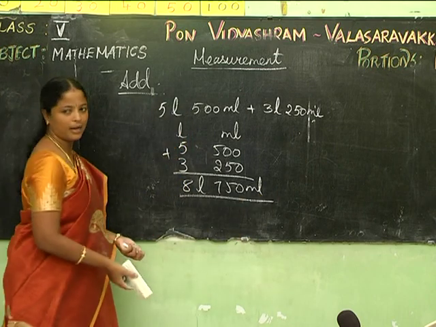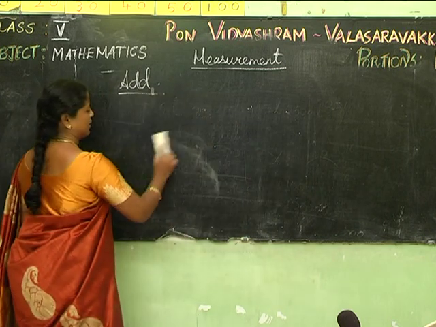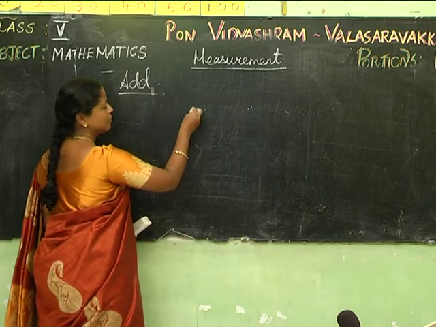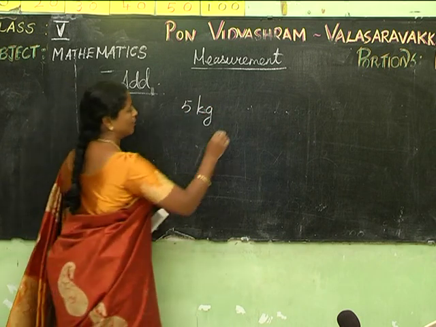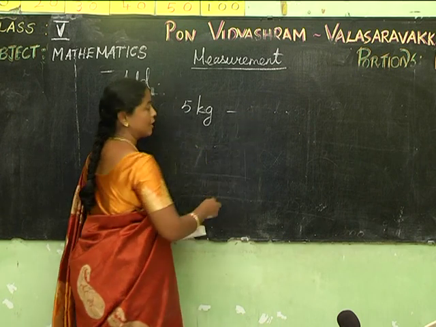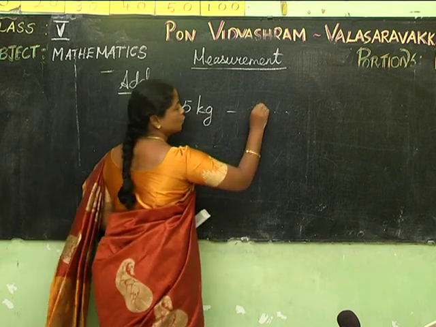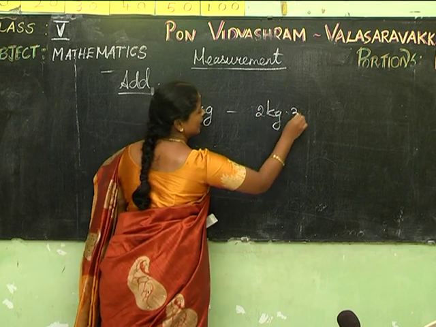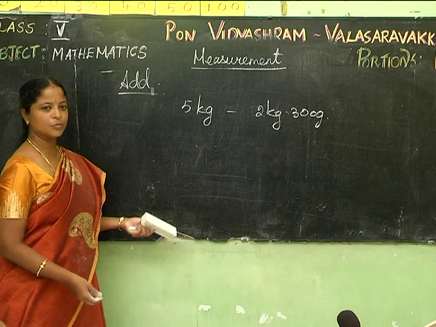Similarly, we can subtract. Example, I had 5 kg of rice, I have used 2 kg 300 grams. Now, what is left with me?